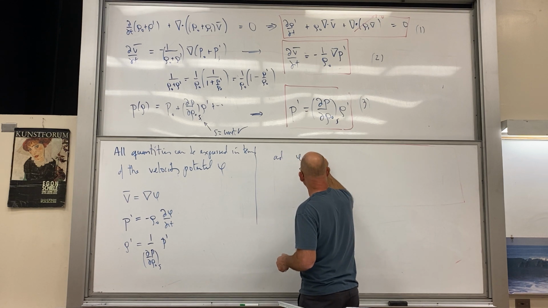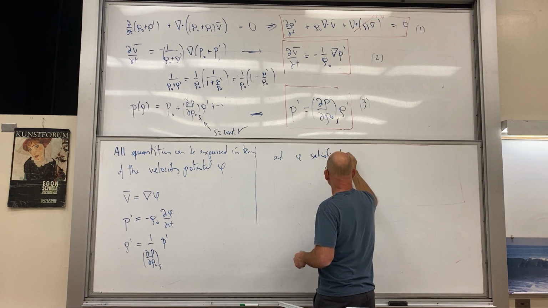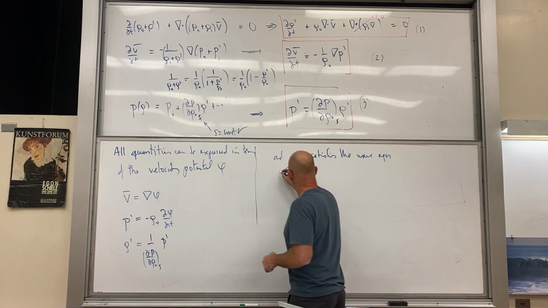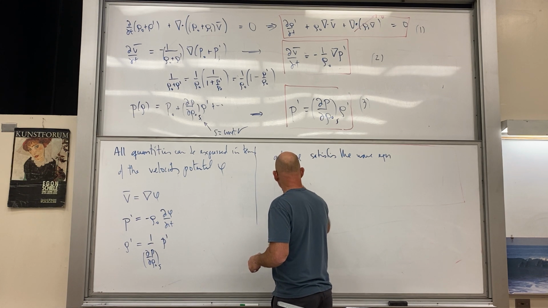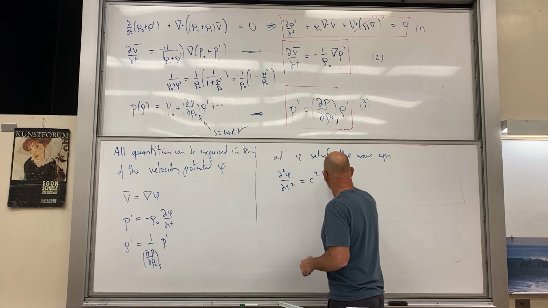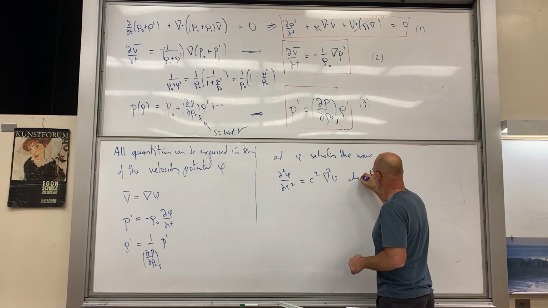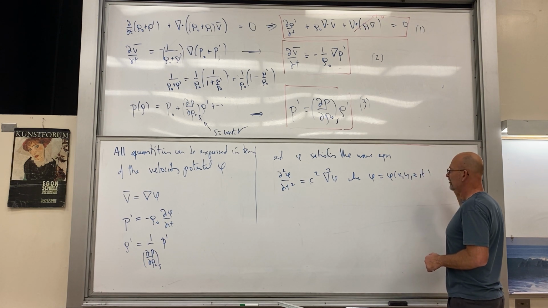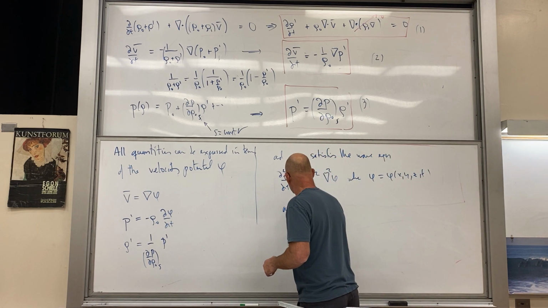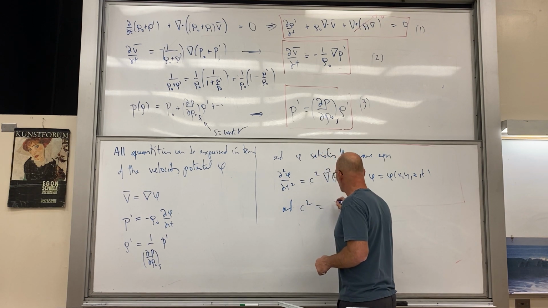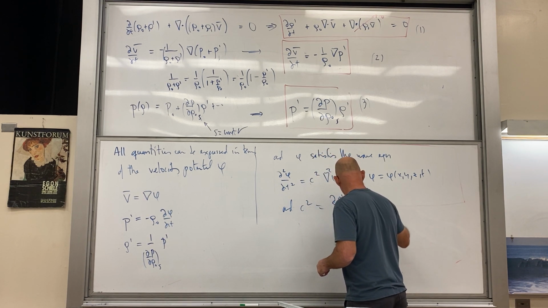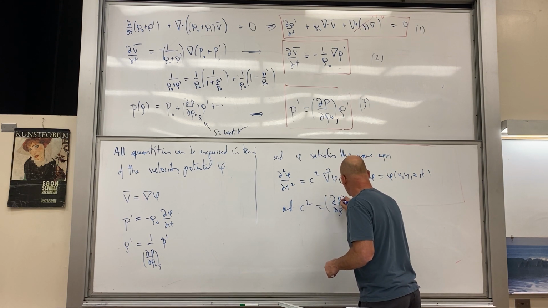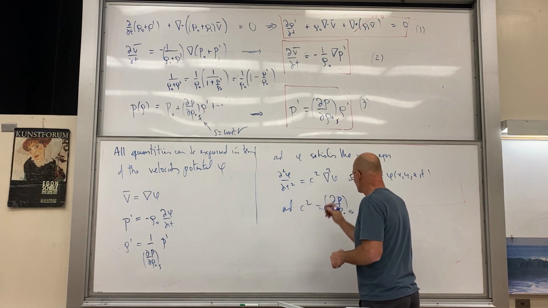Phi satisfies the wave equation, d squared phi dt squared, phi equals phi of x, y, z, t, and c squared, as we have before, dp d rho at constant s.